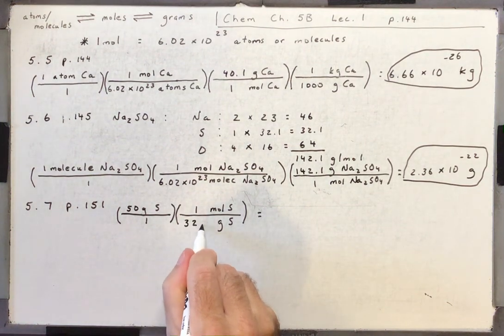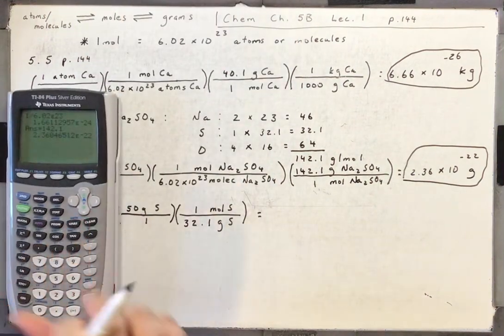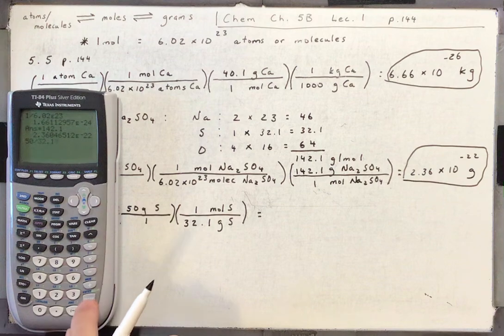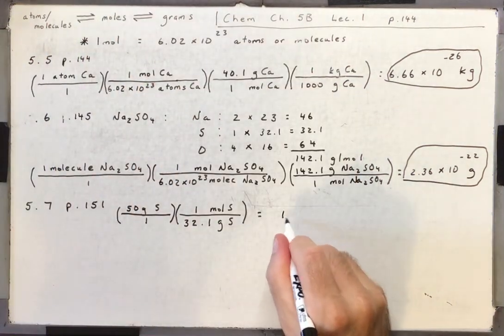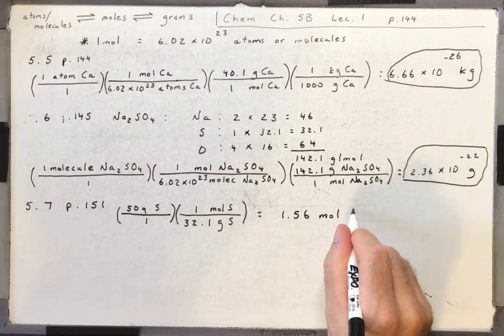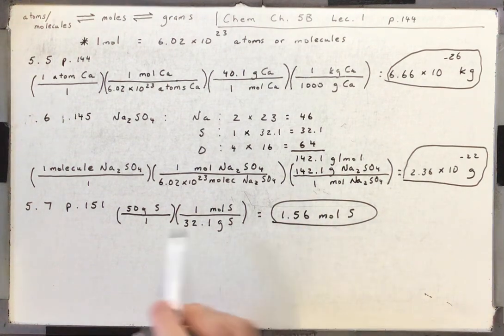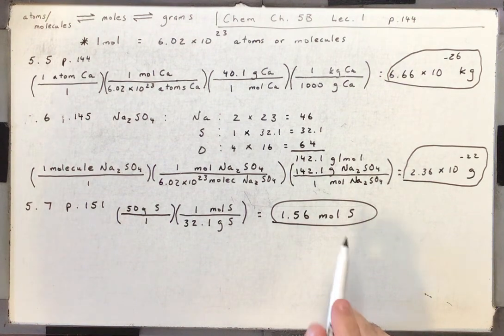So 32.1. So this is a pretty simple one. It's just 50 divided by 32.1. 1.56 moles of sulfur. That's how, if you have a 50-gram sample of sulfur, it's 1.56 moles.